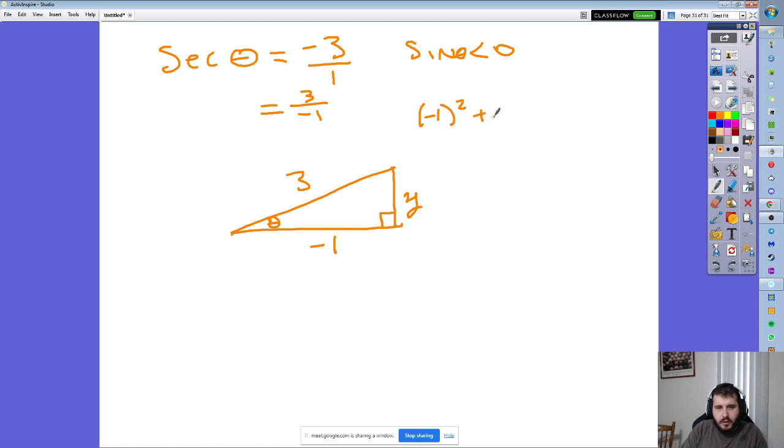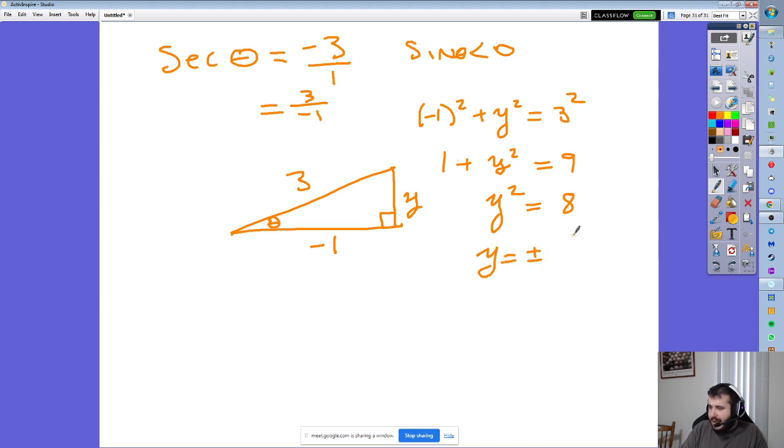A squared plus b squared equals c squared. Subtract the 1. Square root. And again, you can leave it as the square root of 8, or if you feel good about it, the square root of 8 is the same as 2 radical 2.